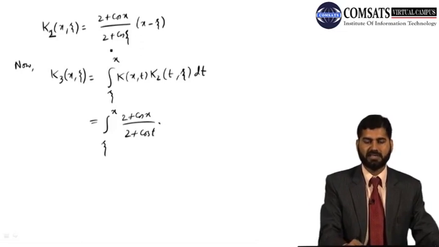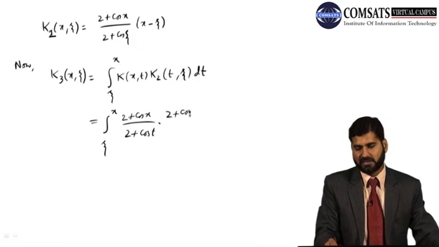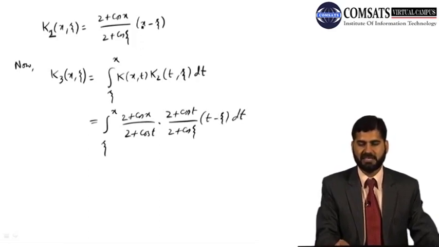And k2(t, xi) is 2 plus cos t over 2 plus cos xi times (t minus xi), because you are replacing x by t here.